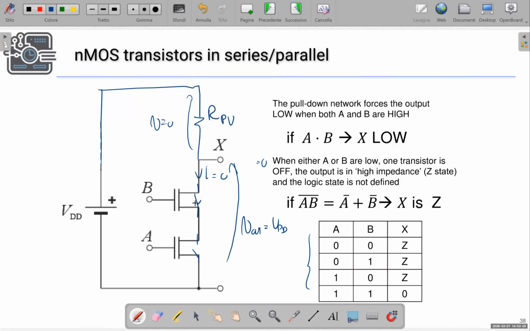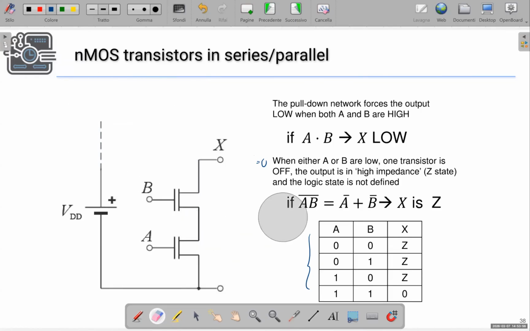It is typically larger than the resistance of an NMOS switch, and this worsens the delay of this kind of gate. Another problem of this structure is that when we have the low state to be forced, we have a non-zero current flowing through the gate. So for this reason, this is not the solution that is employed in CMOS gates.